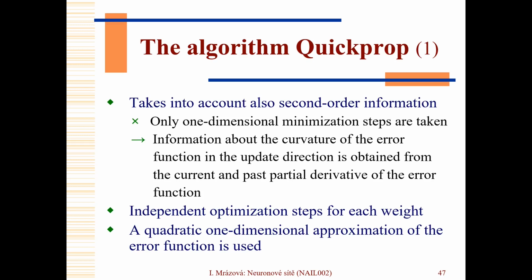So just taking into account the step that would correspond to this change. So in general, this algorithm uses the second order information, but performs independent optimization steps for each of the weights, and the quadratic one-dimensional approximation of the error function is here used instead of the true second order derivatives.